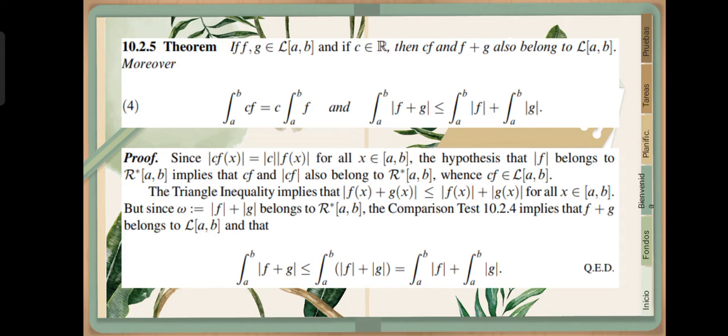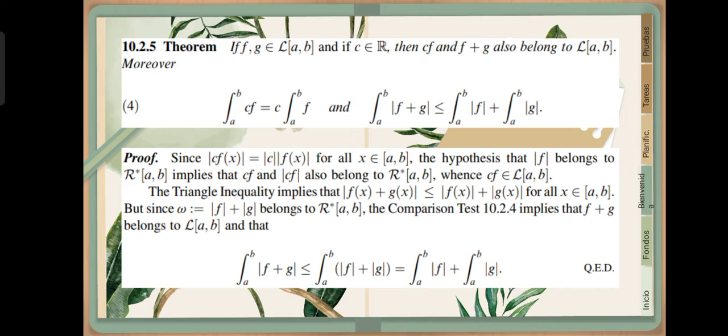Proof: Since the absolute value of cf of x is equal to the absolute value of c times the absolute value of f of x for all x in [a,b], the hypothesis that f belongs to R*[a,b] implies that cf and the absolute value of cf also belong to R*[a,b]. When cf is an element of L[a,b], the triangle inequality implies that the absolute value of f of x plus g of x is less than or equal to the absolute value of f of x plus the absolute value of g of x for all x in [a,b].